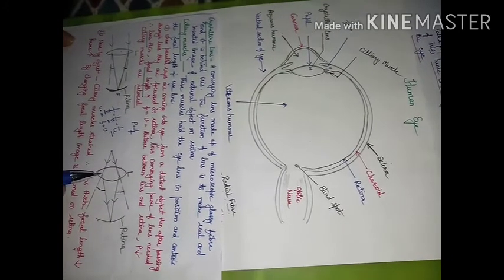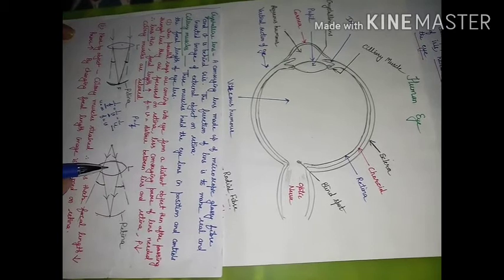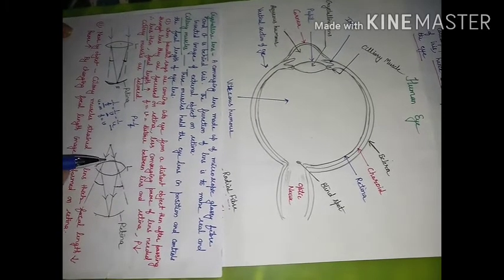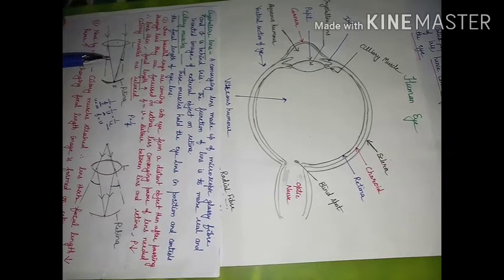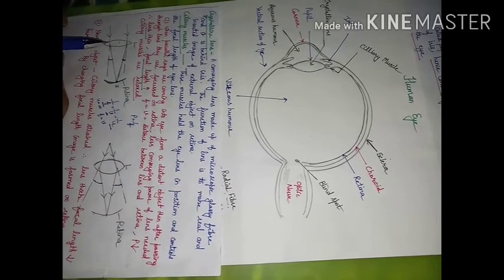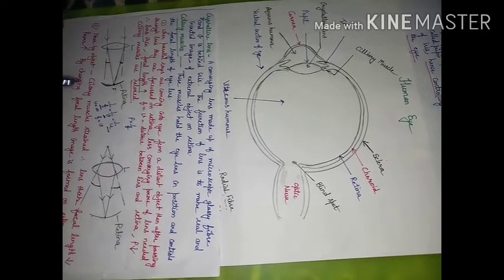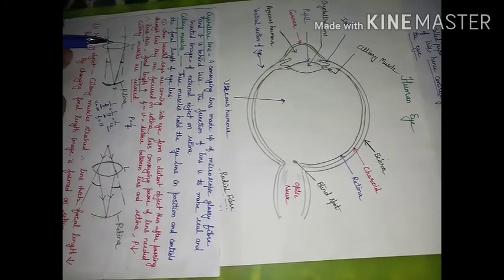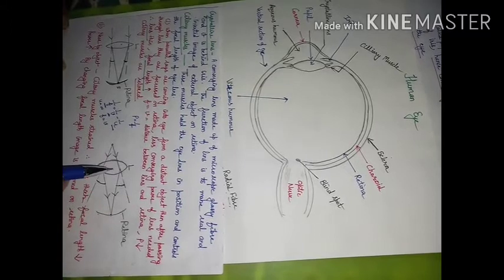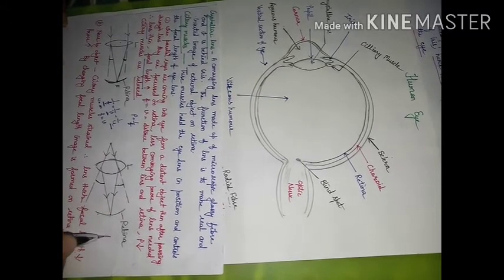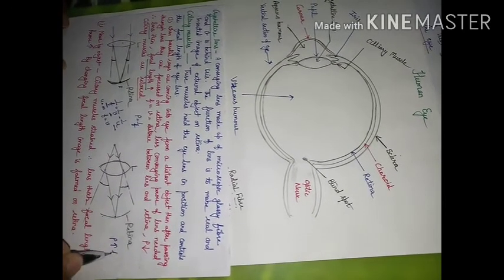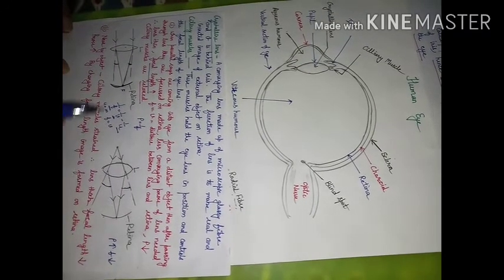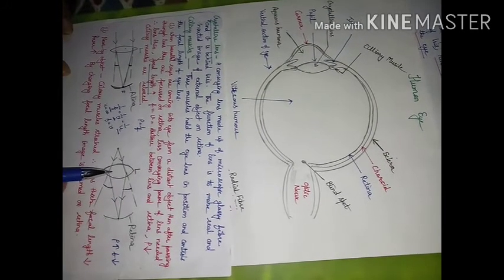So when you are focusing on objects which are near to you, you need a thicker lens. And when you are going to see distant objects, you need the lens to be thinner. This change in the thickness of the lens is done by the ciliary muscles. When the lens is thick, power is increasing, focal length is decreasing, and in this case, the ciliary muscles are strained.